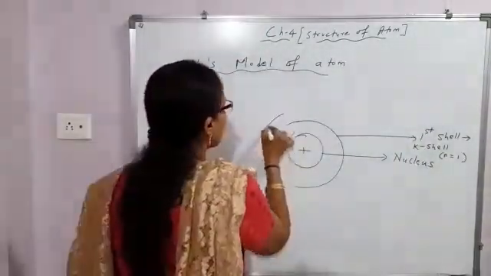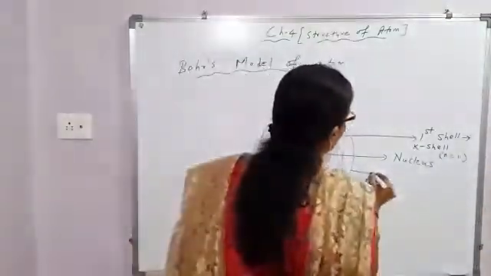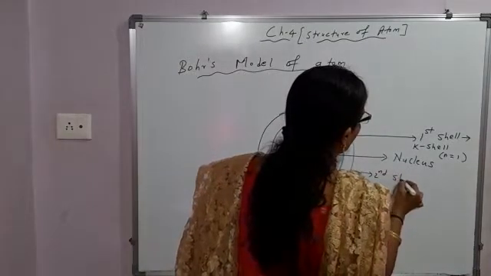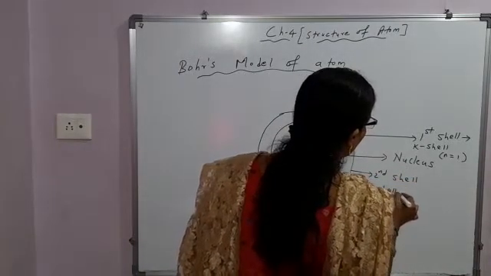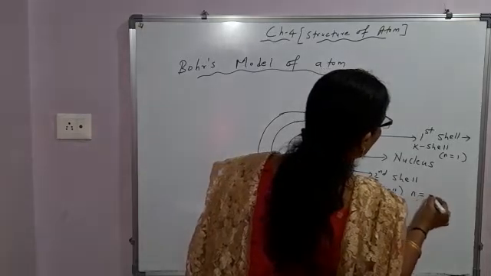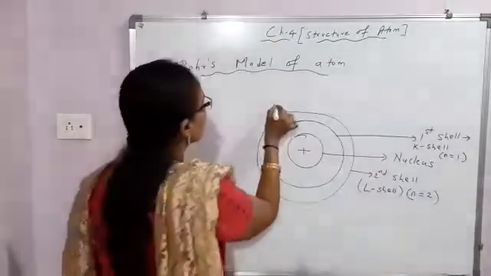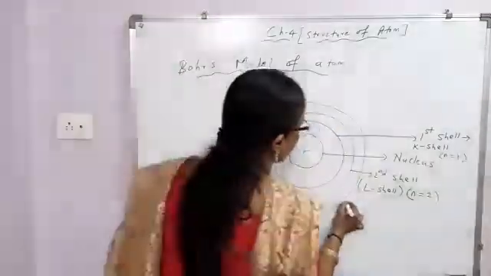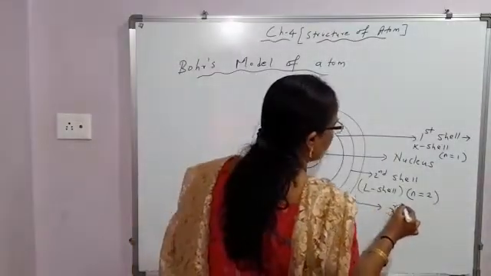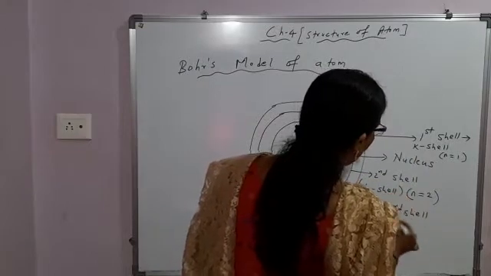Then the second shell is called the L shell. And here n is equal to 2. Okay. Then the third shell is called the M shell.